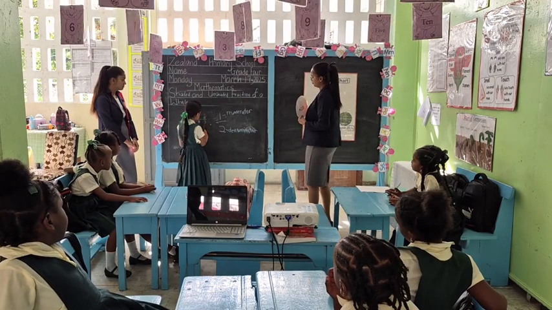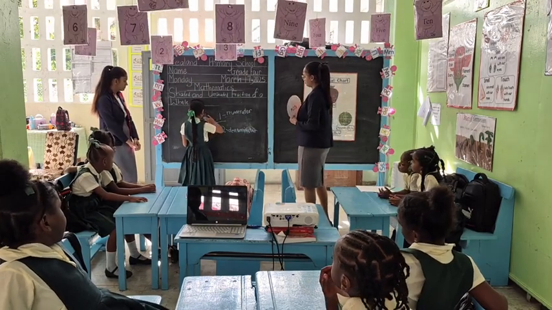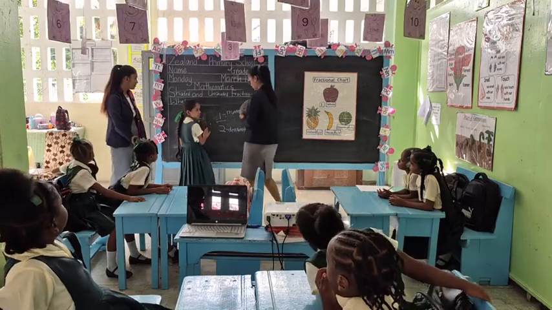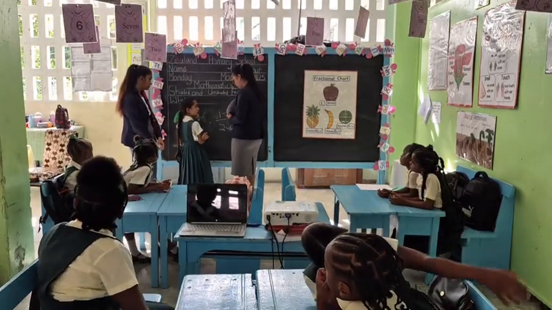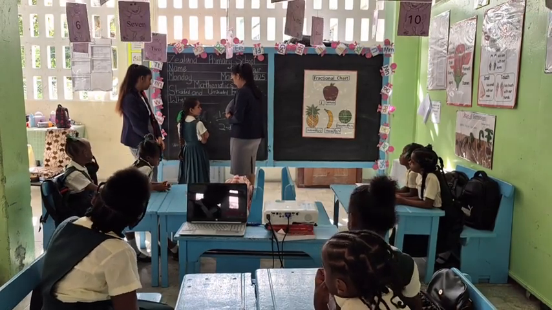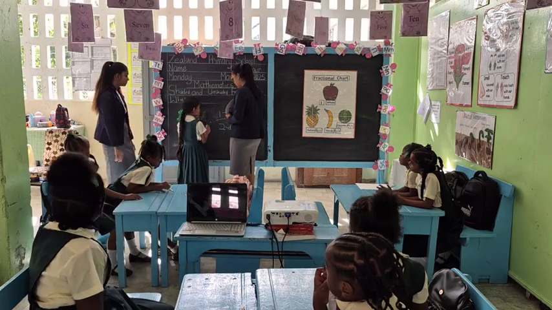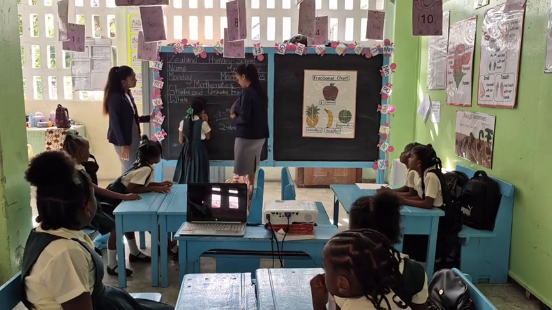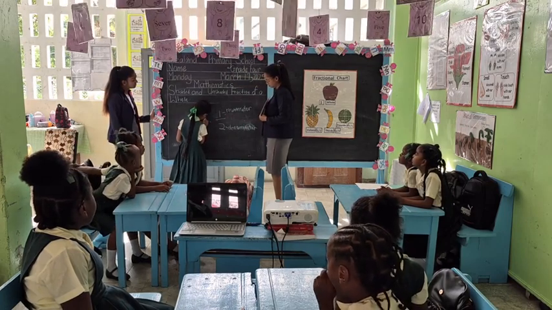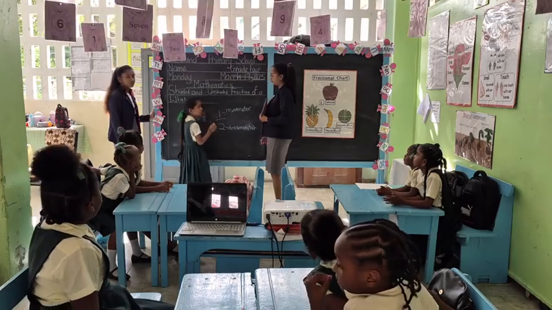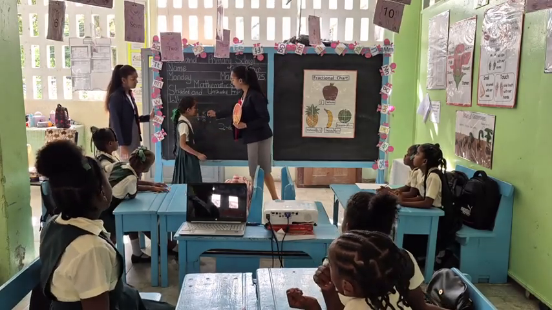Try again. So how many slices do you have? Good. So she said 5 over 8.